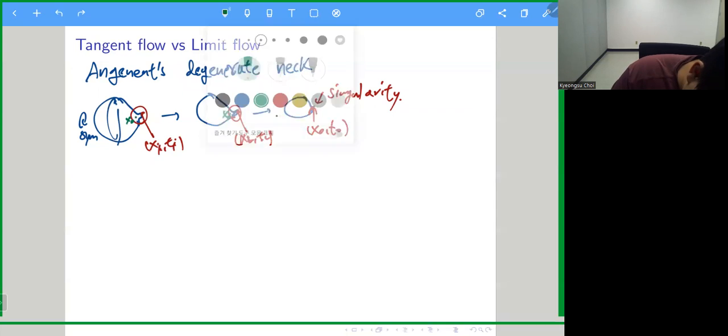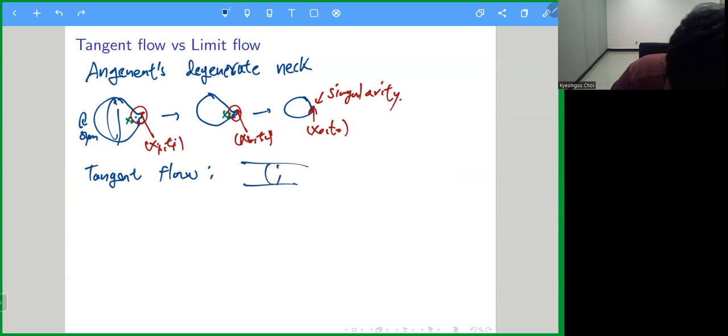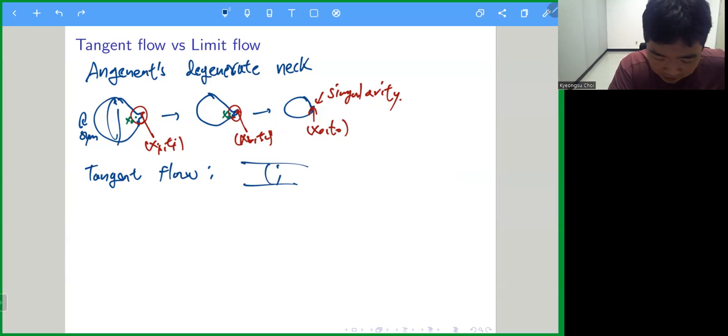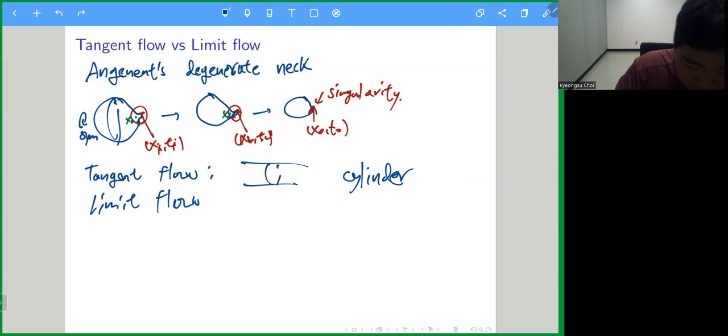Then something interesting is that in this case, the tangent flow is a round shrinking cylinder, just like a dumbbell neck. But the limit flow along this tip axis is the bowl soliton.